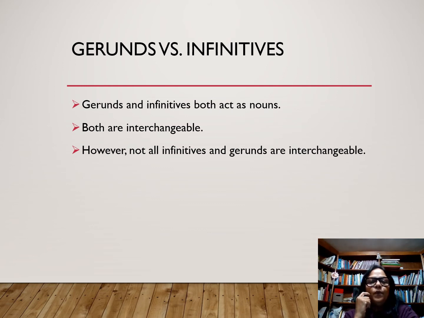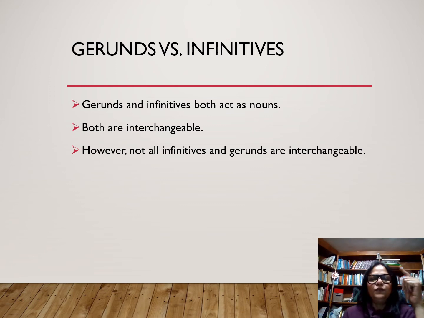Now it is important that you understand the difference between gerunds and infinitives, and why I'm talking about gerunds and infinitives in one breath, in one slide, is because most of the times you will see that gerunds can be replaced by infinitives and vice versa. You can replace an infinitive with a gerund too.